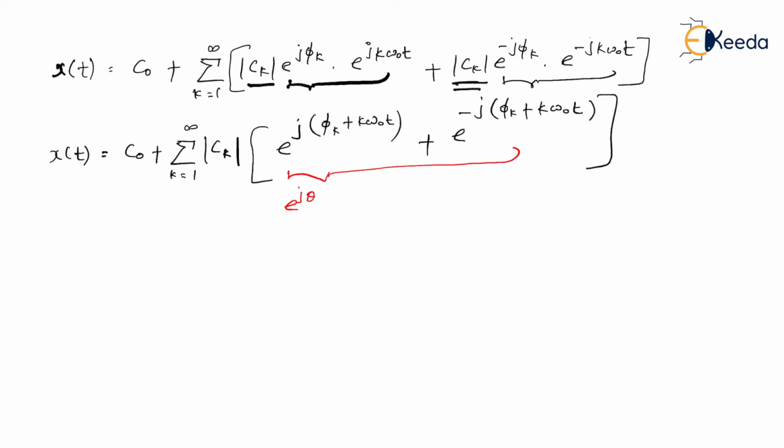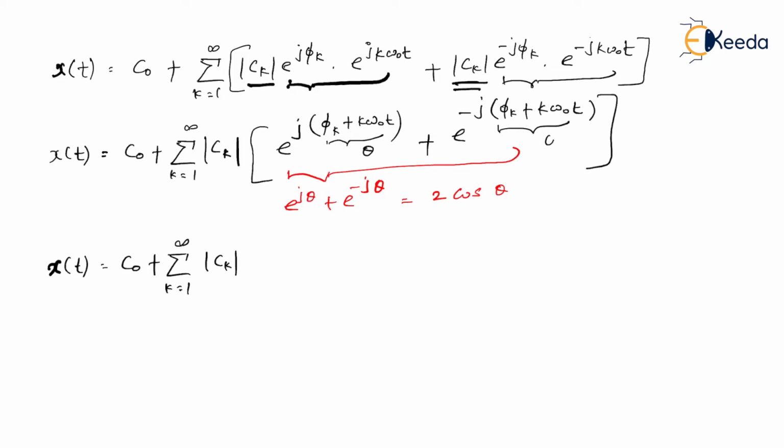Now refer to this. You know that e to the power j theta plus e to the power minus j theta is nothing but twice of cos of theta. So now I can rewrite this as x of t is equal to c naught plus summation k equal to 1 to infinity mod of ck. So I'm going to treat this whole as theta, this is another theta.